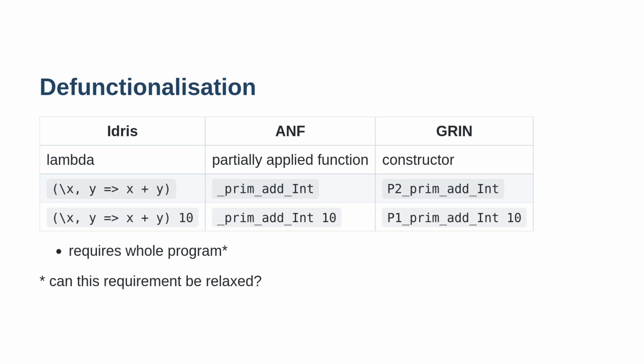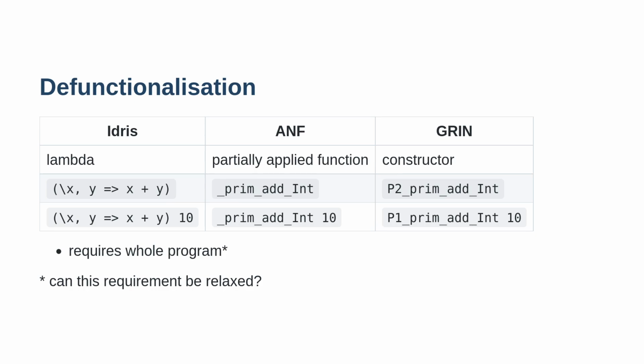Whereas in Idris you might have a lambda, in a normal form, which is the IR that I compile to GRIN, it's represented as a partially applied function. That might be, for example, a function pointer plus the arguments. But in GRIN, it is just a normal constructor. It doesn't store the function pointer anywhere.